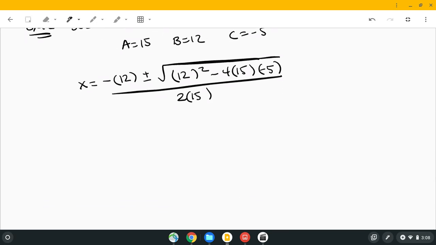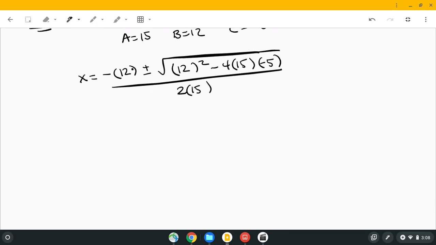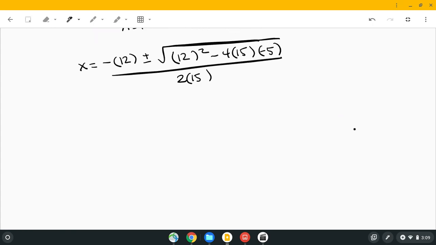Okay, so let's work out all four parts. We'll do this part 1, this part 2, these 3, that's 3, and this bottom part 4. Okay, so negative 12. 12 squared is 144. Now this third part, this triple right here, negative 4. I'm going to do negative 4 times negative 5 first, because I'm not using a calculator, so I'm going to do it in my head.